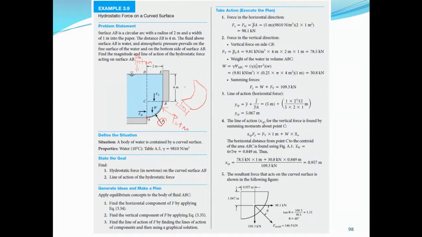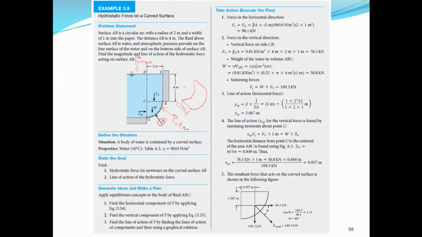So we need to find the horizontal component F by applying equation 3.34, and we find the vertical component also by applying the relevant equation, and we find the line of action of the force as well by using a graphical solution, which we are going to explain below.